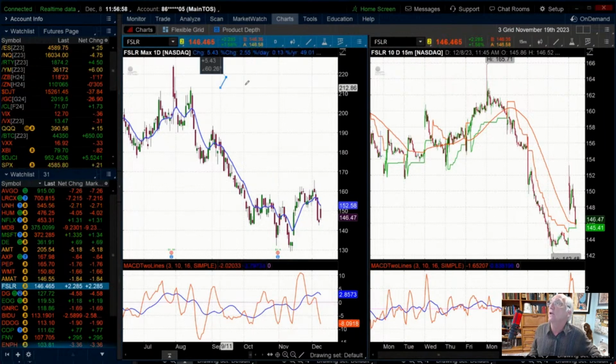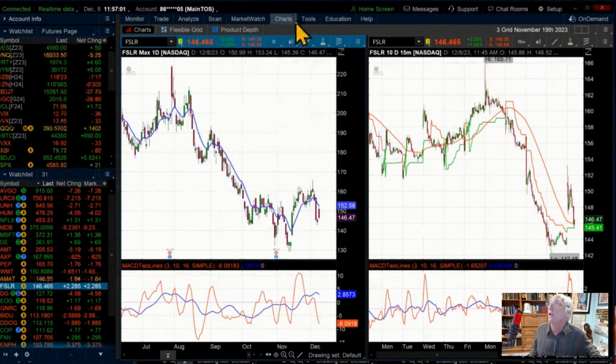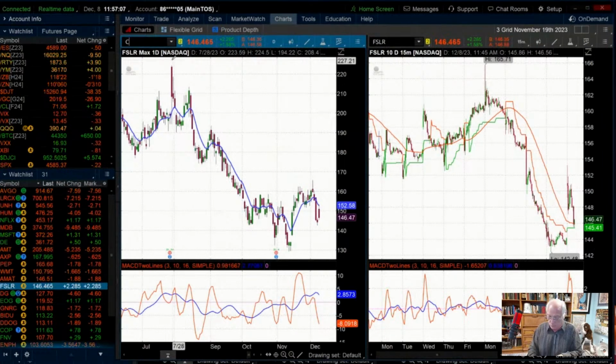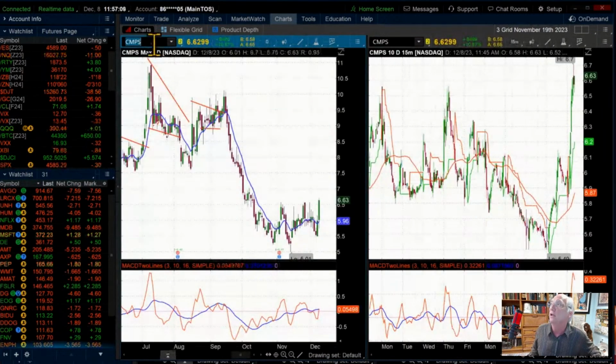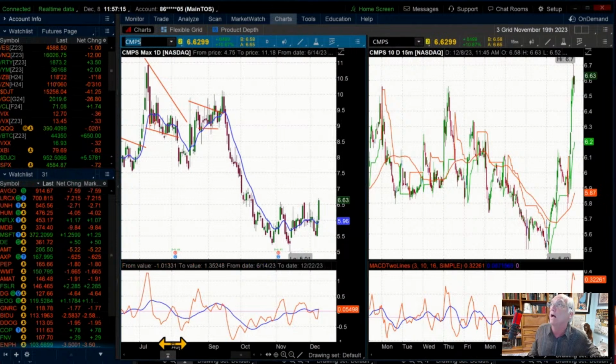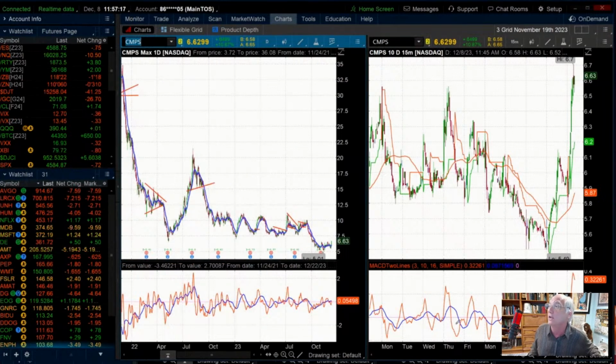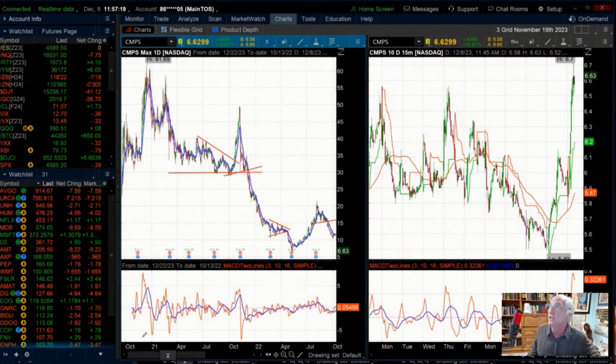And also, don't get me wrong about at this time of year, you get some real funky things like CMPS. We were in this at 30. So there's a time and a place. A lot of people say, can you use a short selling class if you want to buy something? Darn right you can. You stop yourself there. So we bought in here. We never looked back.